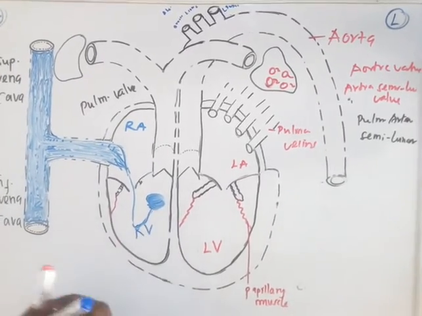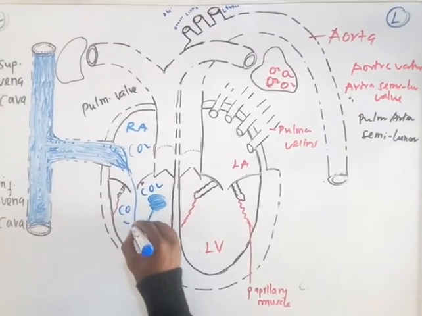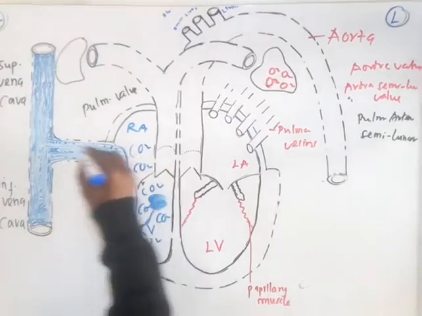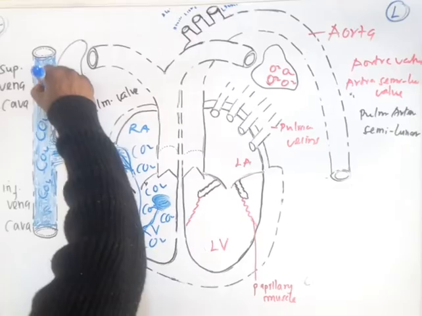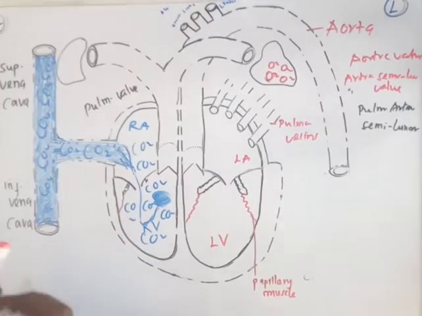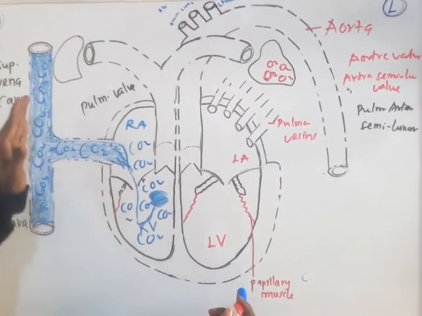Now this blood is CO2 blood. CO2 meaning it has got some aspect of the byproducts in it. Inside CO2 blood, that is the deoxygenated blood.